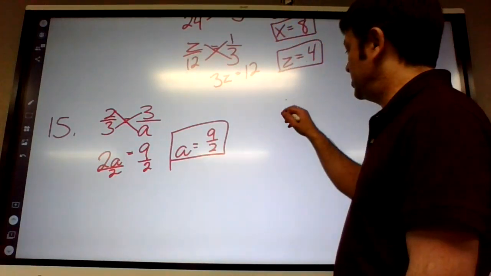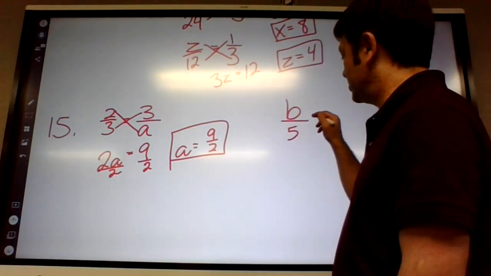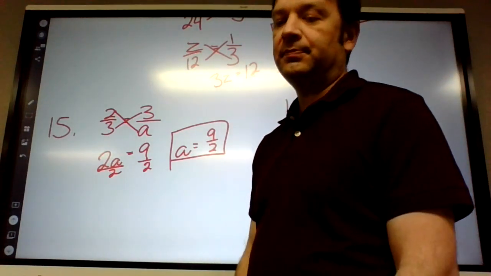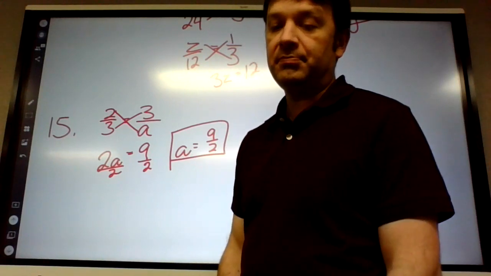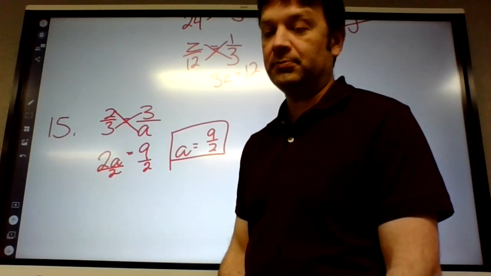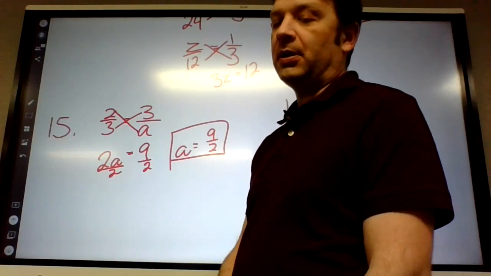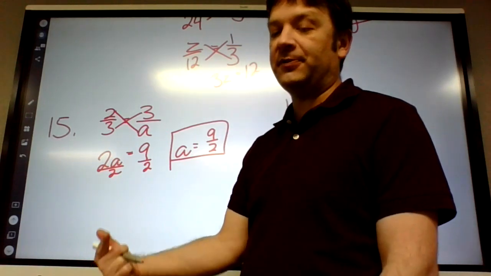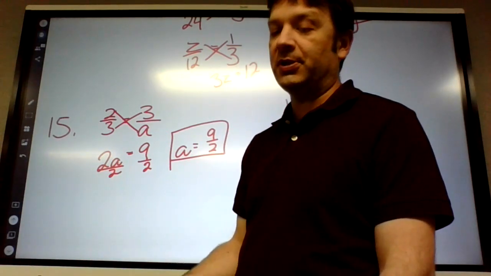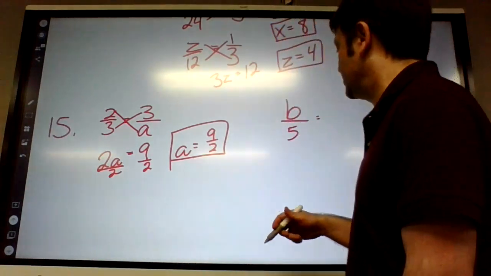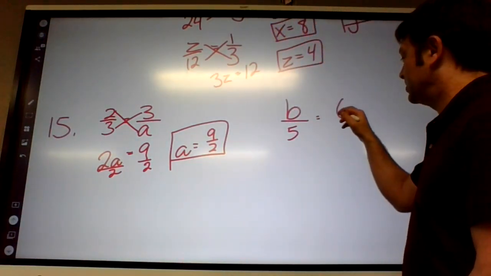So B goes with 5, just like 5 goes with B. Okay, what else? Another ratio. 4 goes with 6. Okay, that's true, but if we do B is to 5 as what is to what? 6. So 6 is to 4. So if we go B on top, then 6 needs to go on top.